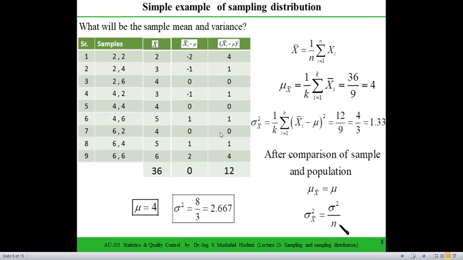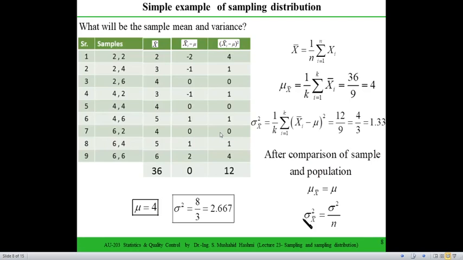The relationship is that if you divide the population variance by the sample size, you get the sample variance. Population variance 8 by 3 divided by 2 would be 4 by 3. So 4 by 3 becomes your sample variance.